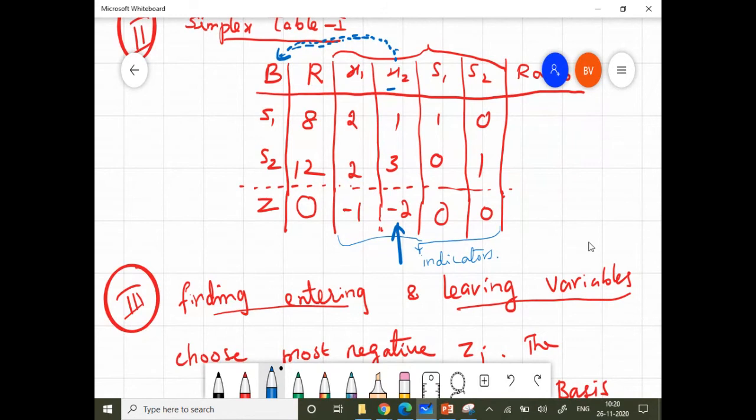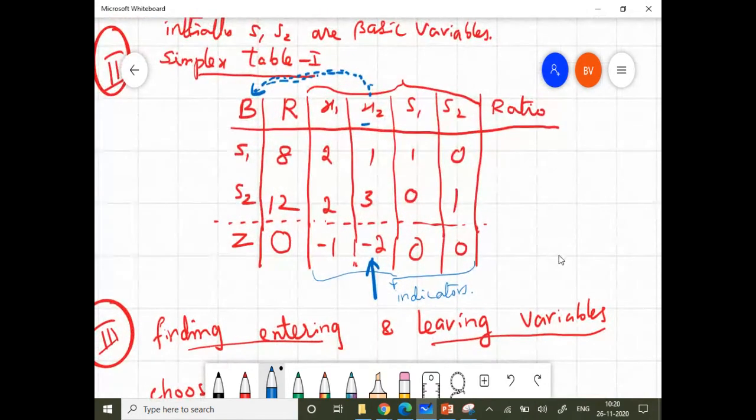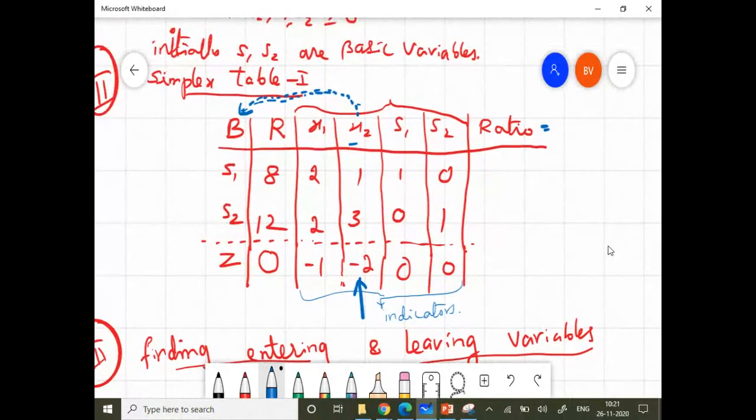Now it is time to find the ratio for this column. I'm writing the formula for the ratio. The ratio is the R column divided by the entering variable column, here x2. Condition: the elements in the x2 column should be greater than 0.